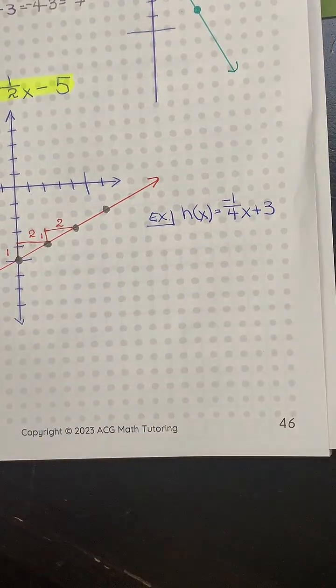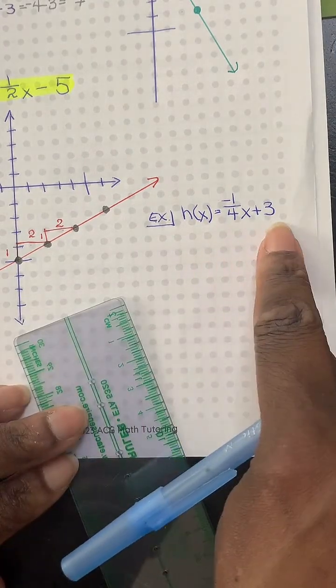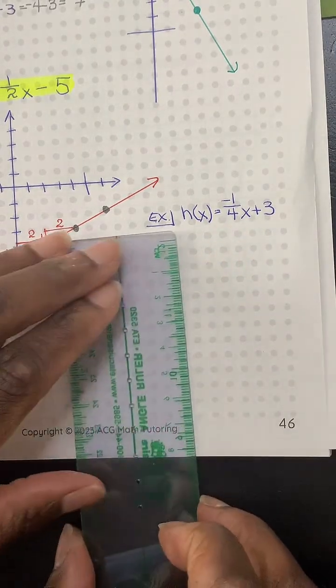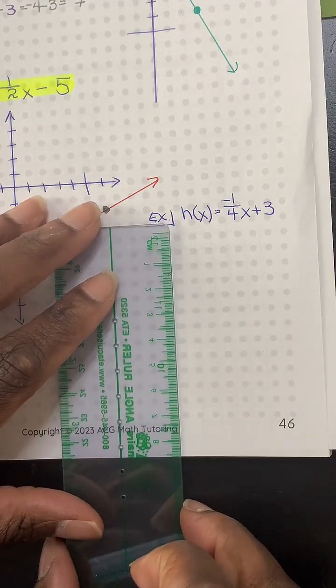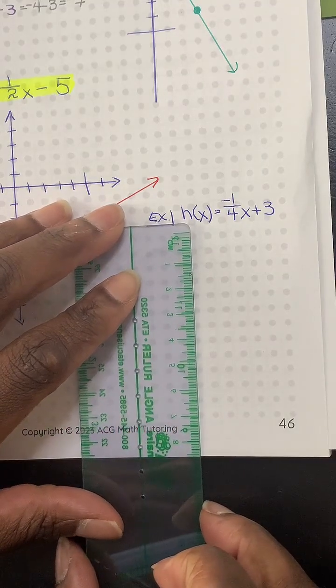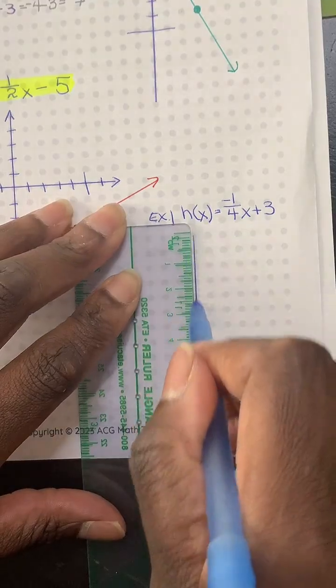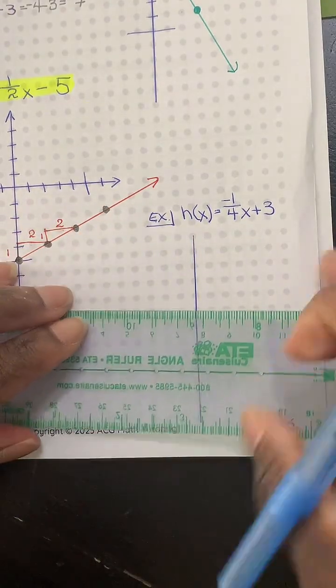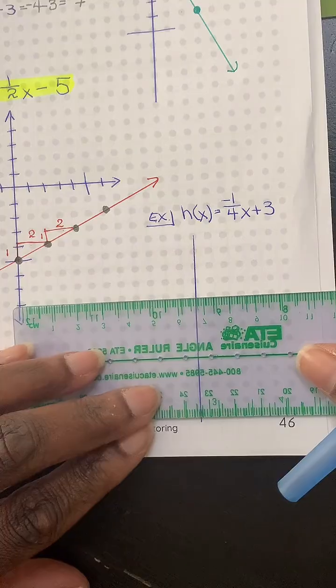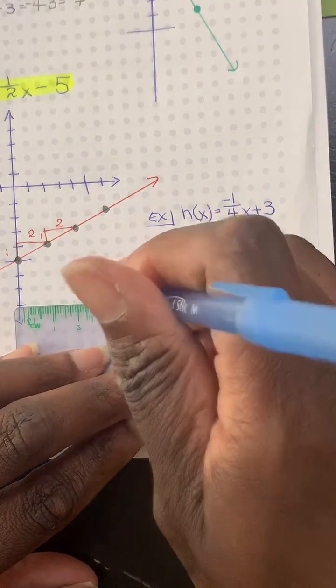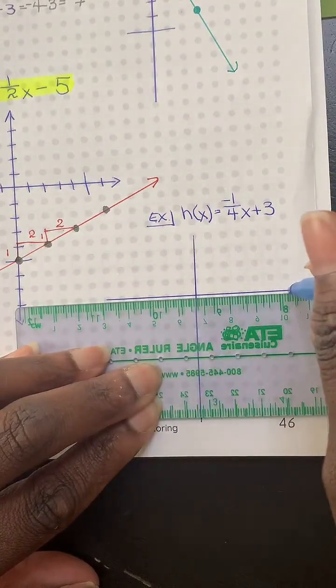So now, if we take a look, it's in slope-intercept form, so I don't have to do any solving. We're starting at 3. So I come here.